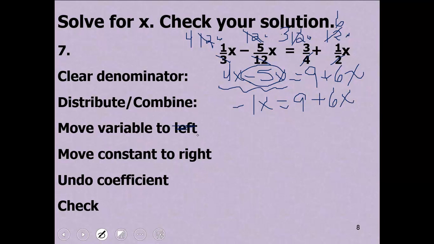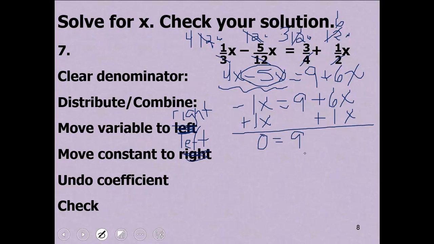I'm going to move my variable to the right, just because I can. I'm going to move my constant to the left. If I move my variable to the right, I get 0 is equal to 9 plus 7x.